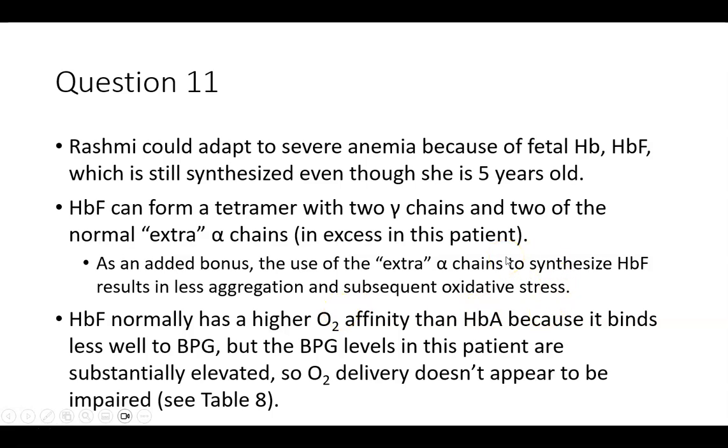So if you're using them up to make hemoglobin F, then you have a little side benefit of decreasing that. Hemoglobin F normally has a higher oxygen binding affinity than hemoglobin A because it doesn't bind BPG as well. But BPG is higher, so we'll get to that in a second.